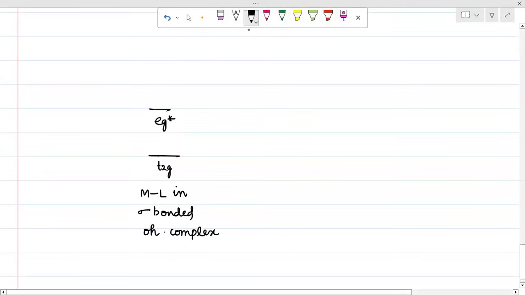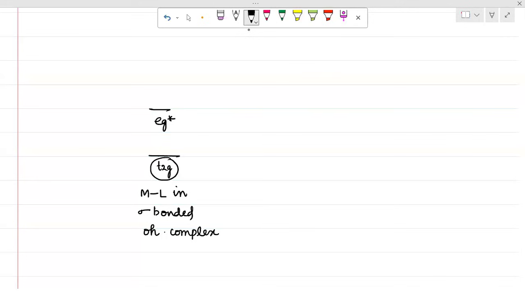Now to this T2G, you're adding a pi bond which is formed by a pi acceptor ligand. Understand, pi acceptor ligand. So if you have a ligand, pi bonds would be here.